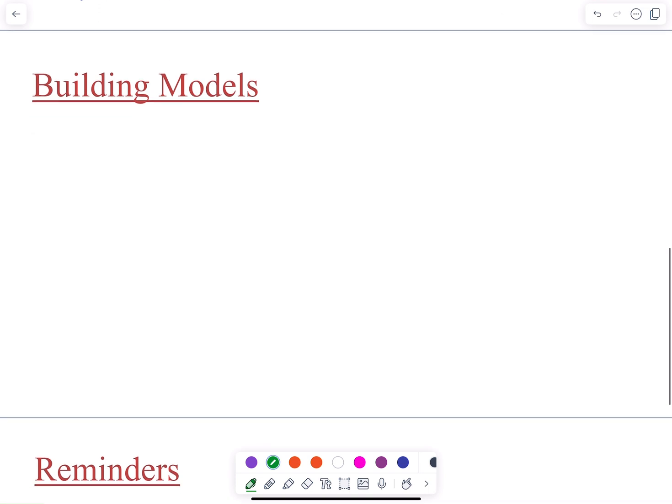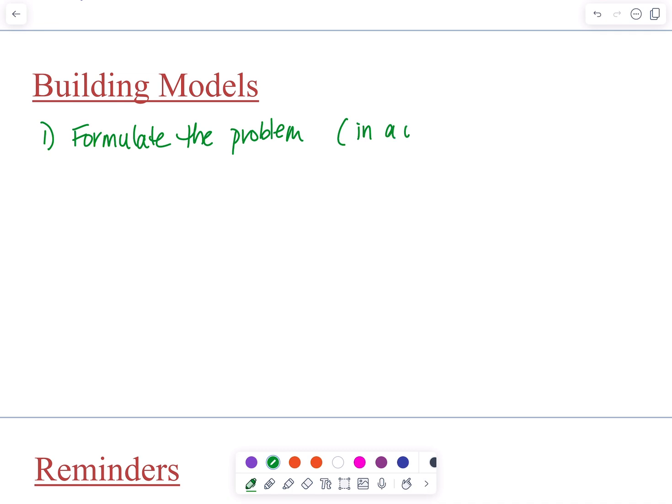So in building models, we want to first formulate the problem. And here we need to do this in a way that it can be answered mathematically.